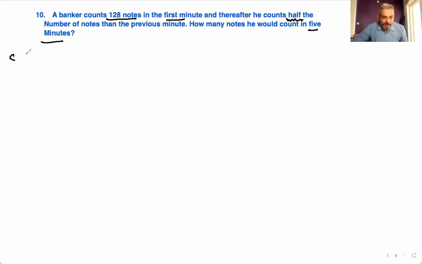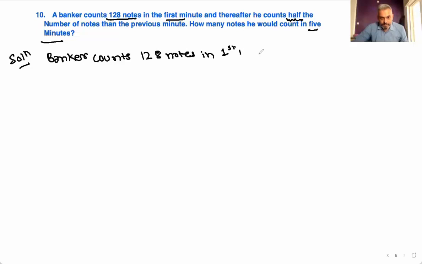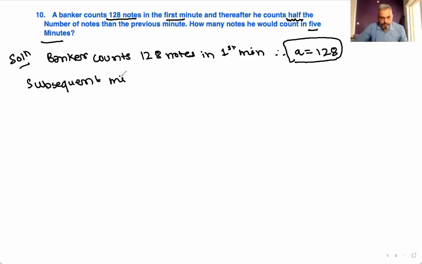So let's start doing it. Solution: banker counts 128 notes in first minute. Therefore, A is equal to 128. Subsequent minutes, he counts half.